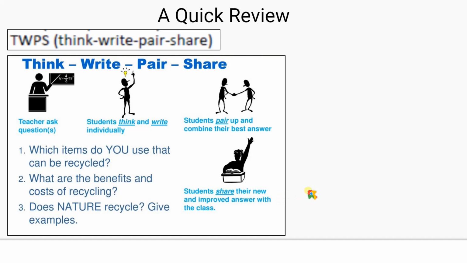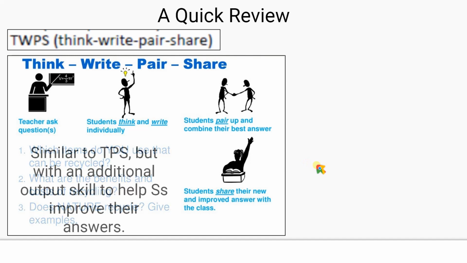A related technique is the ThinkWritePairShare. As you can see, the one difference is we've added this stage of writing right in the middle. It's similar to TPS, but it has that additional skill.